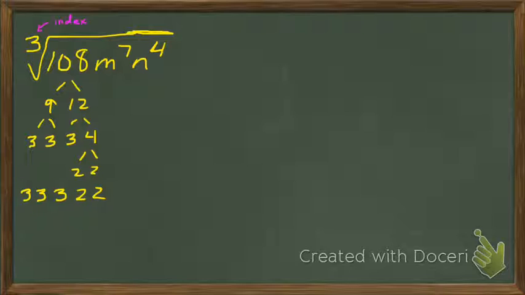There's only one answer at the bottom for 108, no matter what path you choose. Everybody should end up with three 3s and two 2s. And then I'll write out the letters again. I'm going to stop doing that pretty soon.